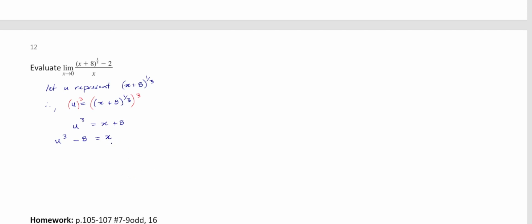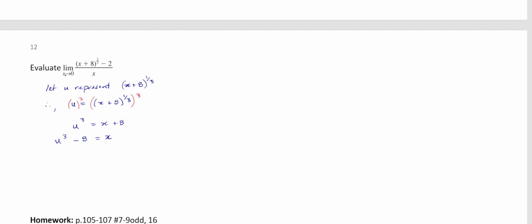Okay, so I have what u is equal to: u is equal to (x plus 8) to the power of 1/3. I have what x is equal to: x is equal to u cubed minus 8. Great. Now I need to think about this portion of the limit.